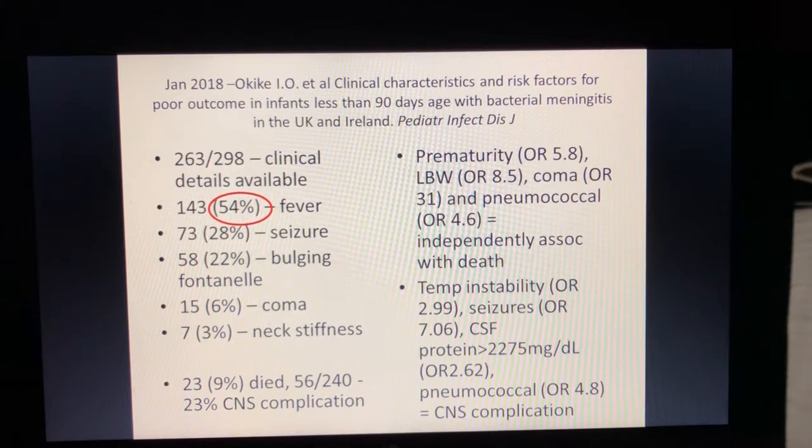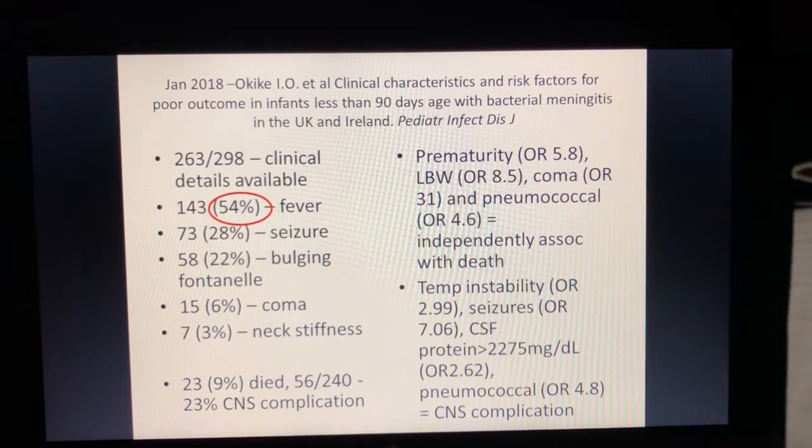So prematurity meant that you had an odds ratio of just under 6 for mortality, so you're 6 times more likely to die than if you're not premature. Low birth weight, 8.5 times, and if you're in a coma, then 31 times more likely than if you're not. And pneumococcal, which we know is historically associated with a severe form of meningitis, increased the risk by 4.5-fold.